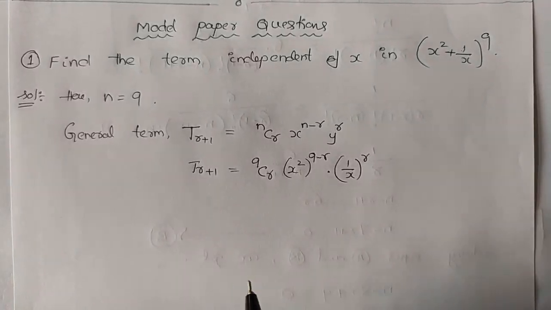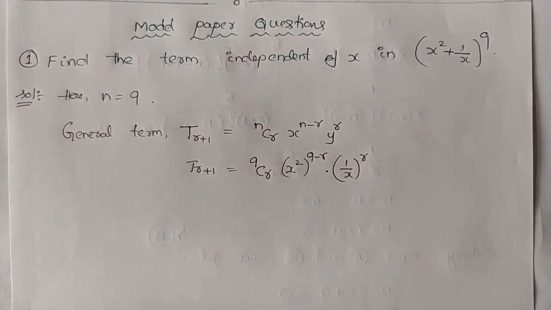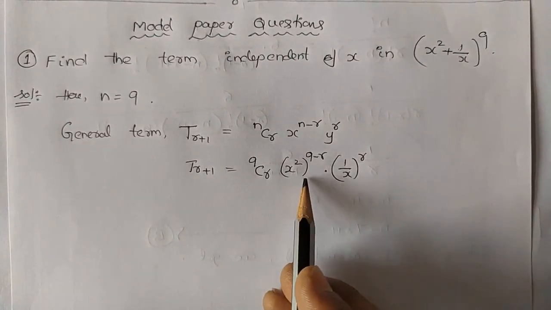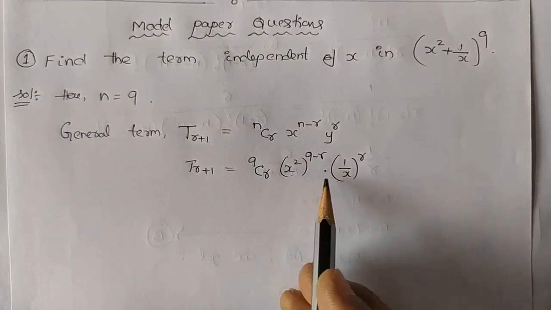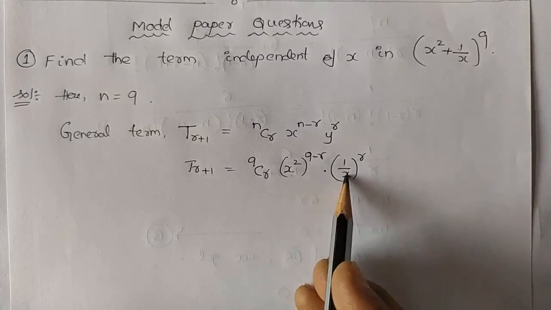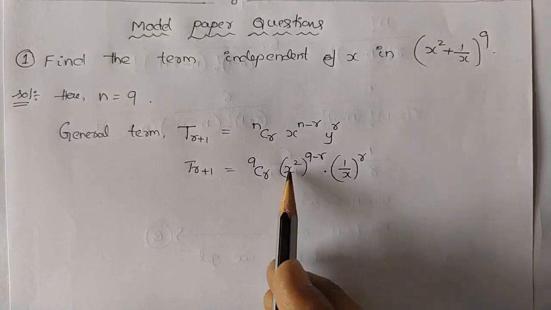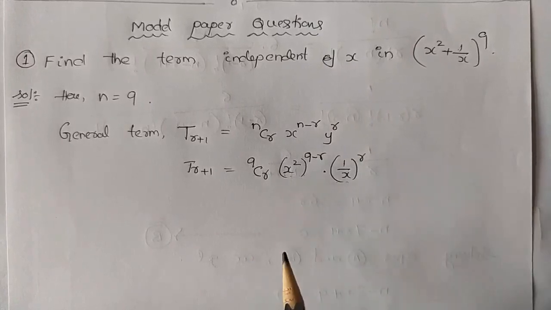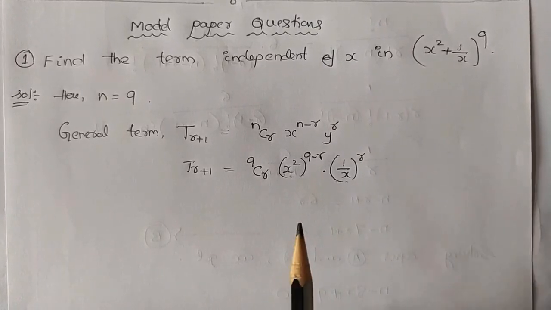Let us simplify. If you observe here, the number of x is 2: x square, and in the denominator we will have one more x. So 2 x are there. We have to simplify till 1 x comes.